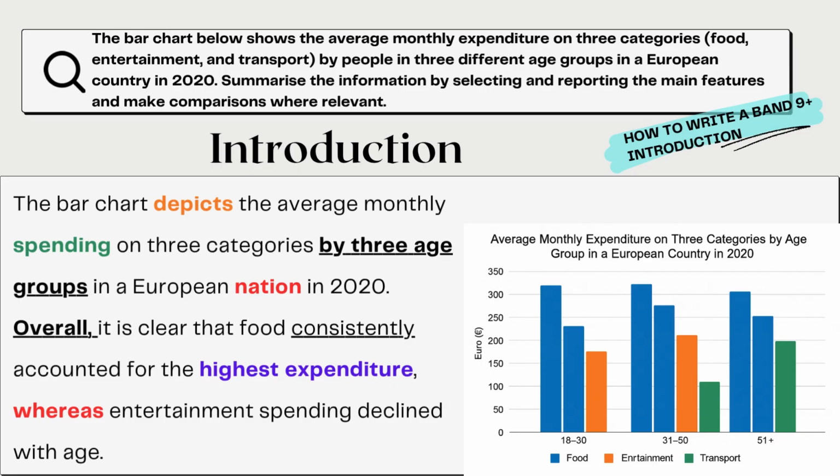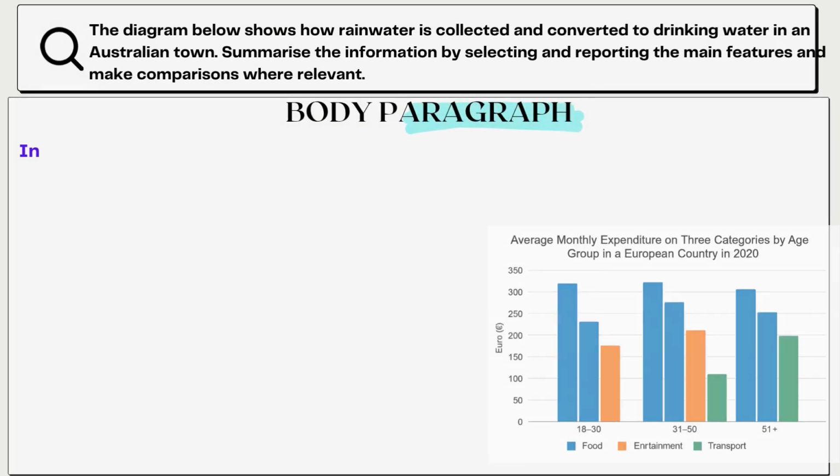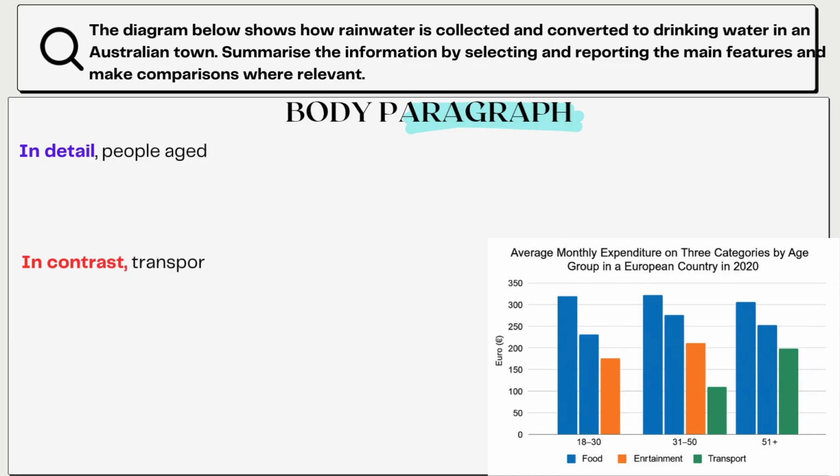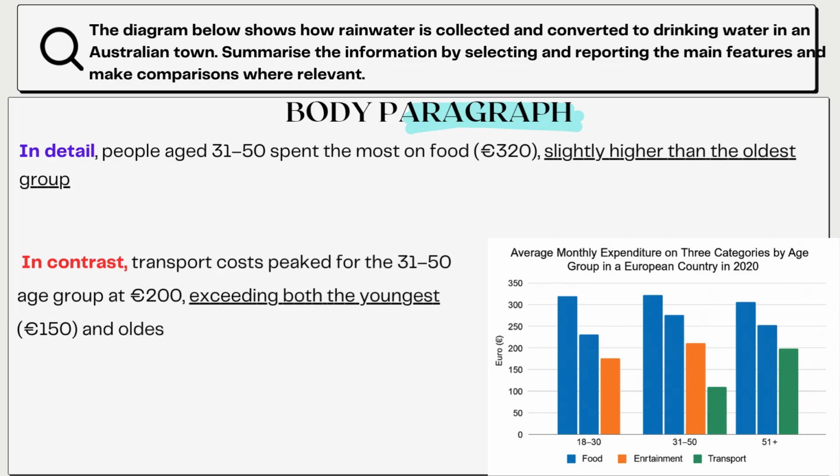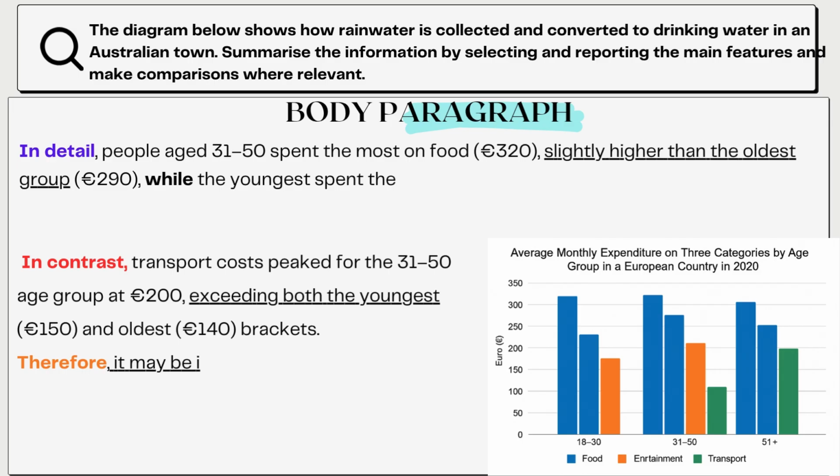Let's begin with the body paragraph. How do we have to write it? Now in the introduction part, you cannot write all the statistical figures. In the body paragraph, we have to write the statistical figures. Let's begin in detail. People aged 31 to 50 spend most on food, 320 euros, slightly higher than the oldest group, 290 euros.